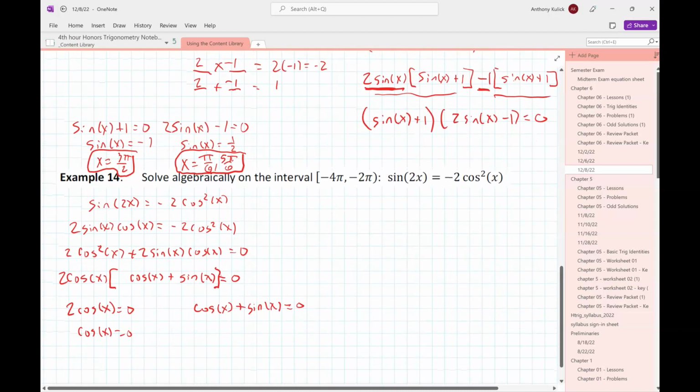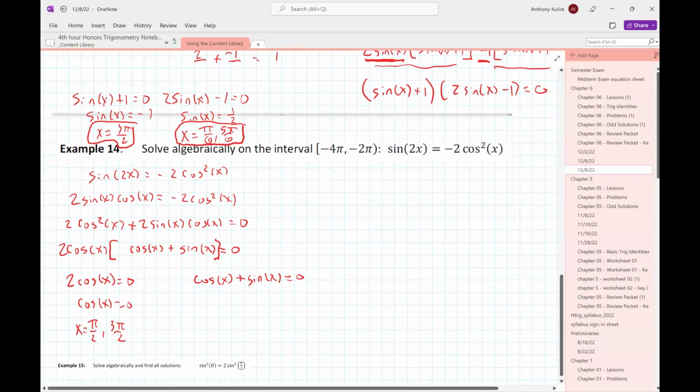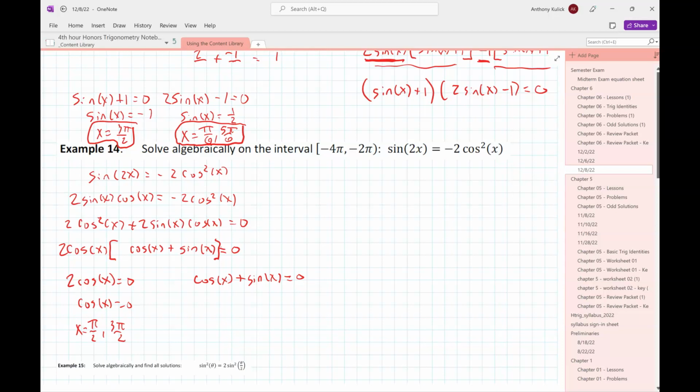And that happens at pi over 2 and at 3 pi over 2. Neither one of those are inside my desired interval, so I can subtract 2 pi. That would give me -1.5, still not in between, so I subtract again, so that would give me -3.5.